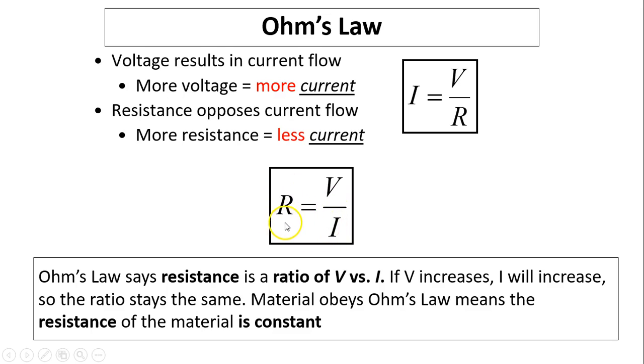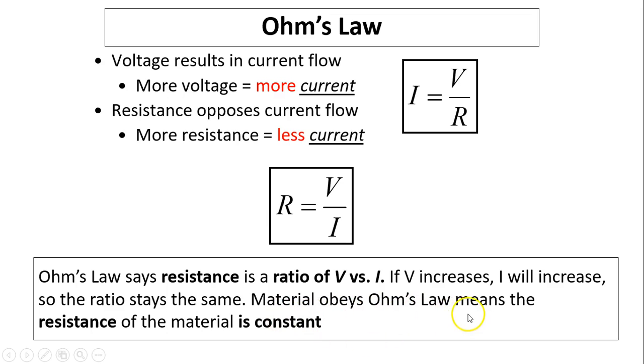So your R does not change with your V or I, even though it looks like R is directly related to V and inversely related to I, but that relationship is only mathematical. In the physical world, it doesn't exist, because when V increases, I also increases.